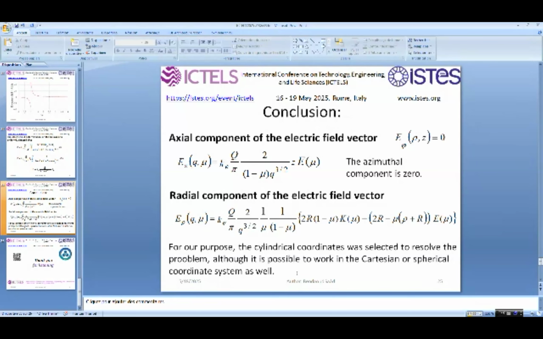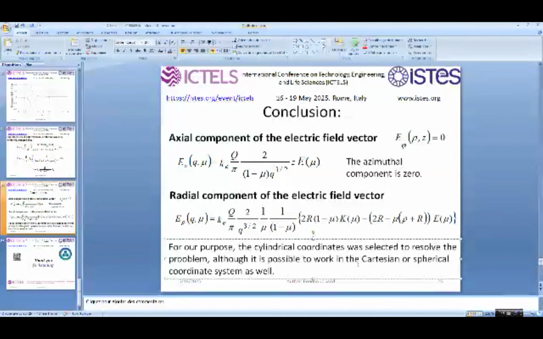For our purpose, the cylindrical coordinate system was selected to resolve the problem. I think it is possible to work in the Cartesian or spherical coordinate system as well. We can repeat this demonstration in this system of coordinates.